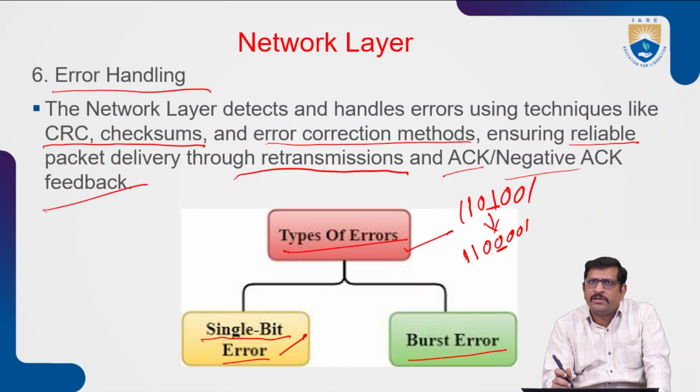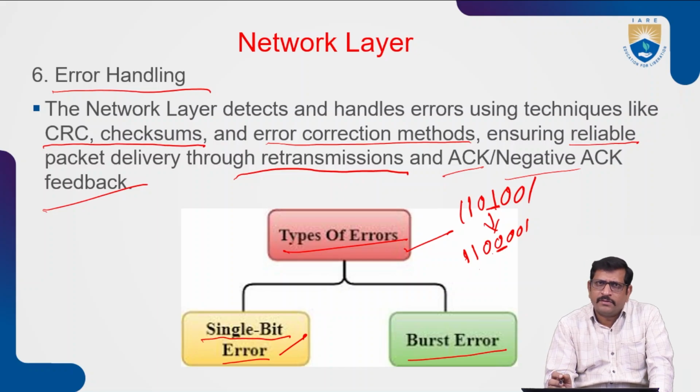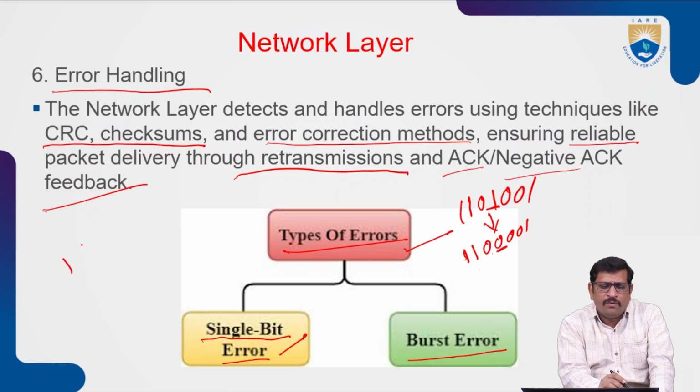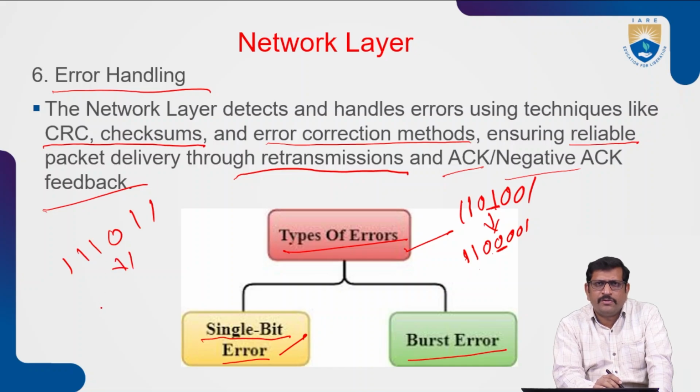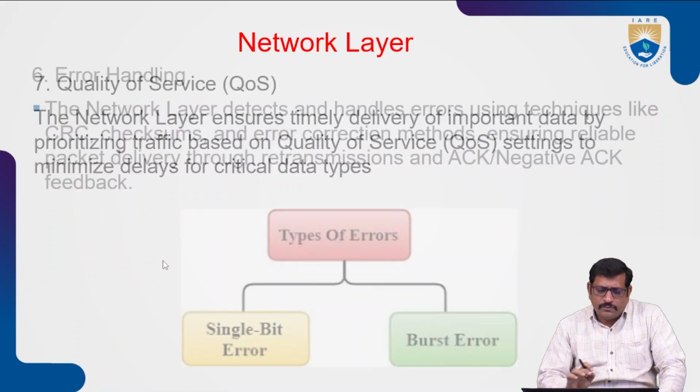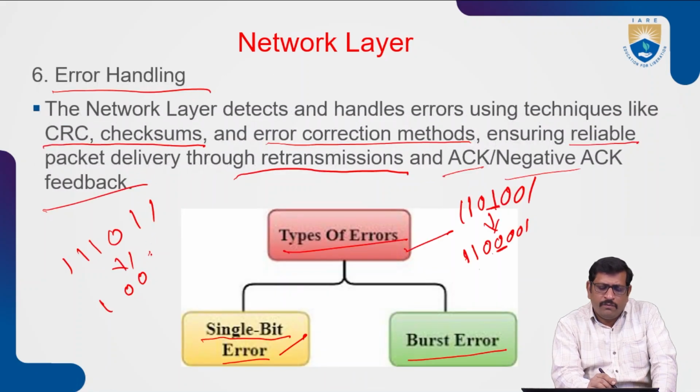Burst error means more than one bit is in error. Suppose the source is sending the data 1 1 1 0 1 1, and the destination receives the data 1 0 0 0 1 0.